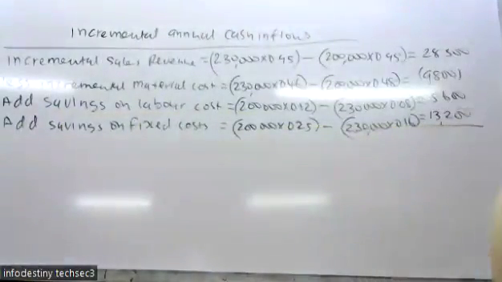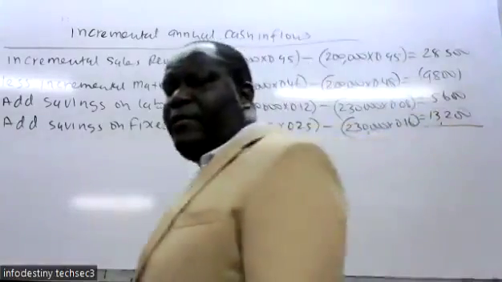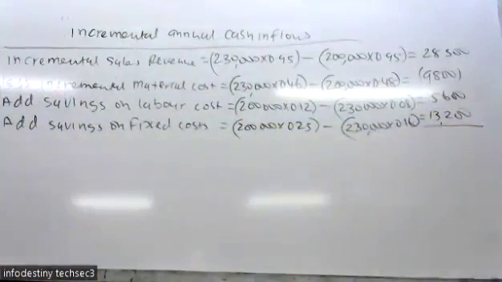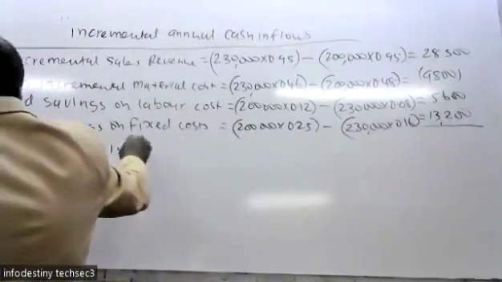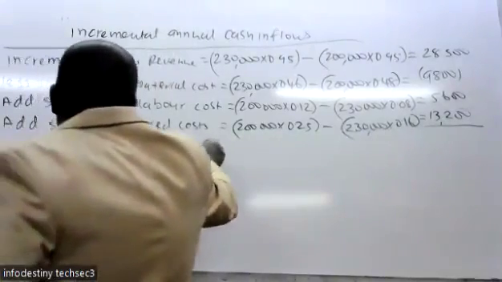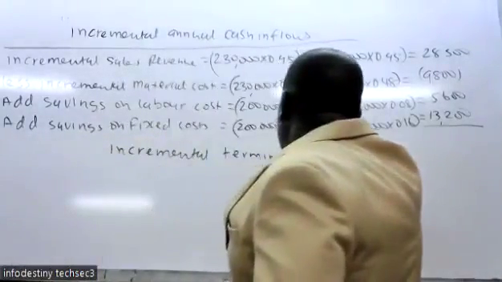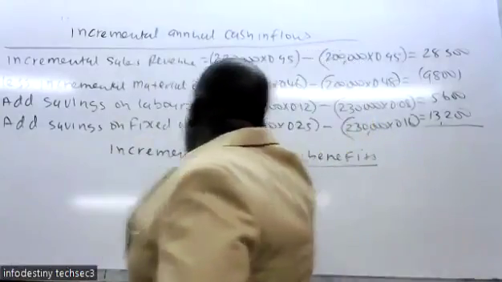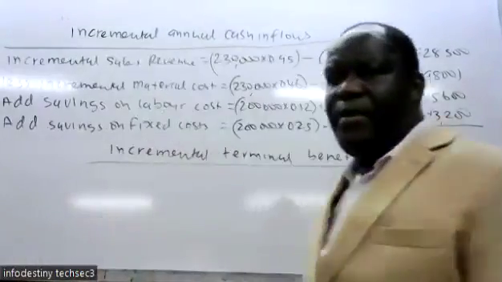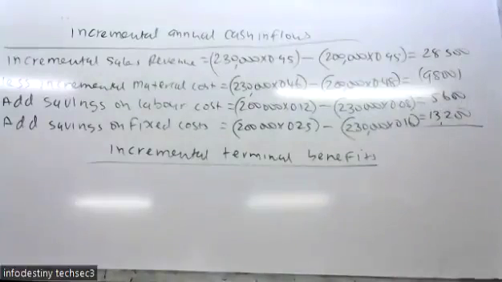Normally we go to step number 5, incremental terminal benefits. We need to come up with the incremental terminal benefit.